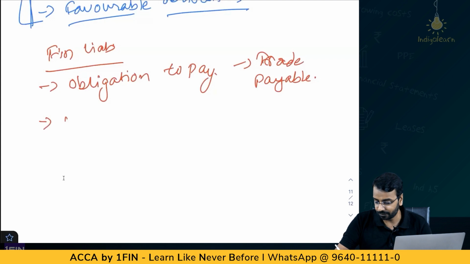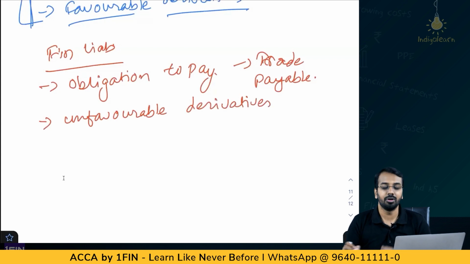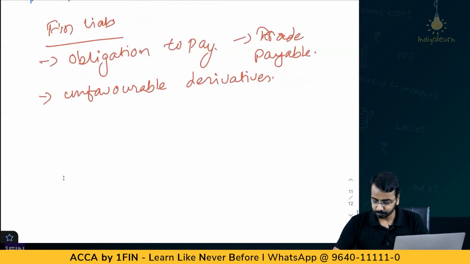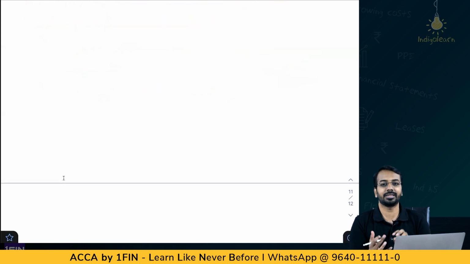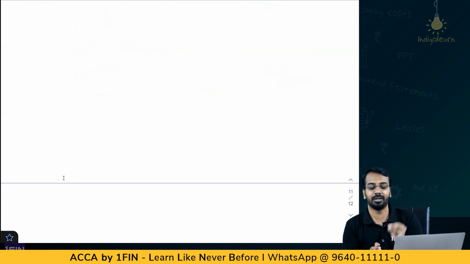Then you have unfavorable derivatives. These are also your financial liabilities broadly. Okay. Examples of financial assets could be cash, trade receivable, investment in bonds, investment in equity, and all of that. Examples of financial liabilities: trade payables, loan taken, derivative transaction losses, and all of that. All of those are financial liabilities.